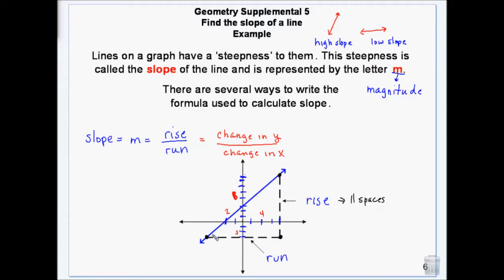So if I count over, I'd have 1, 2, 3, 4, 5, 6, 7, 8, 9. So my slope on this one would be 11 over 9, because I went up 11 and over 9.